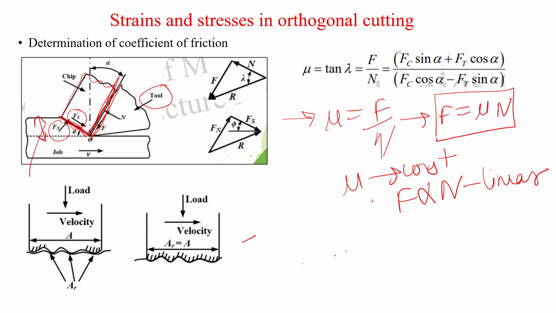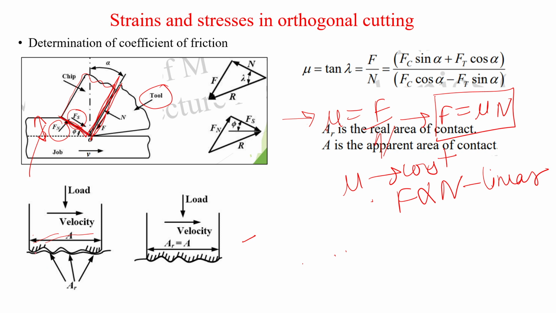But in the actual case, this is not so. There is no linear relationship, because of what happens here. This area is the one we considered when we considered friction, which is called the apparent area, not the actual area. We considered only the surface area, without the irregularities.